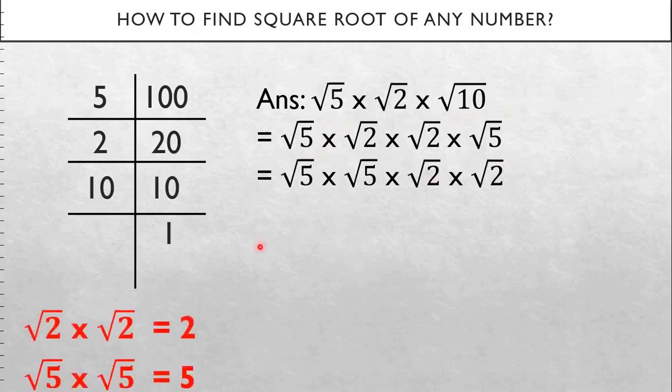I've talked about this in my previous videos also, but I'm talking about it now also. So root 2 into root 2 is equal to 2. Root 5 into root 5 is equal to 5. So any number which is present as root into root will give you a single number. That is, if you have root 3 into root 3, you will get 3. Root 4 into root 4, you will get 4. So accordingly, we can write root 5 into root 5 as 5 and root 2 into root 2 as 2. And we get what? 10.